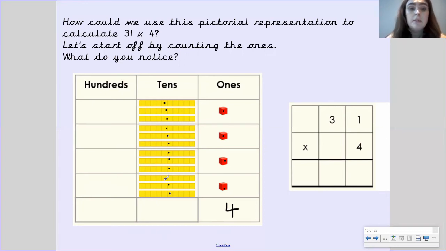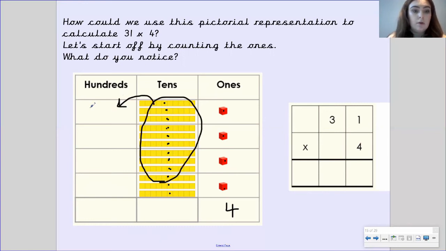So what we need to do now is exchange 10 10 sticks for 100. So let's count up 10 10 sticks. 1, 2, 3, 4, 5, 6, 7, 8, 9, 10. So here, our 10 10 sticks, we're going to exchange it for 100.